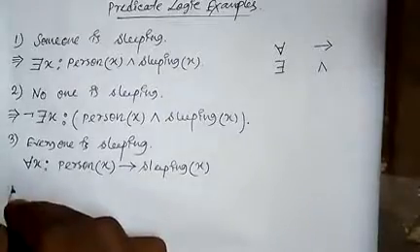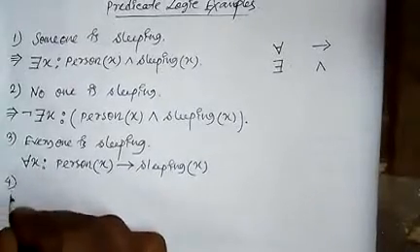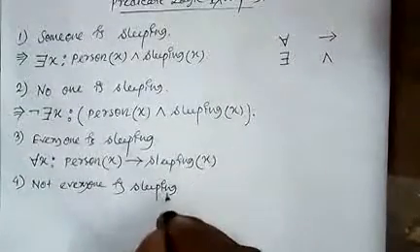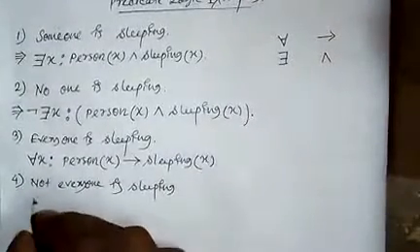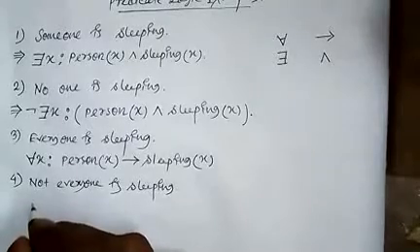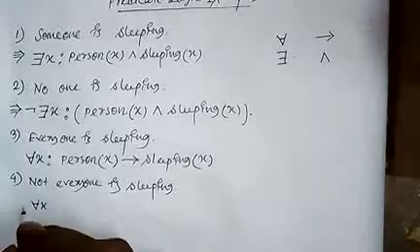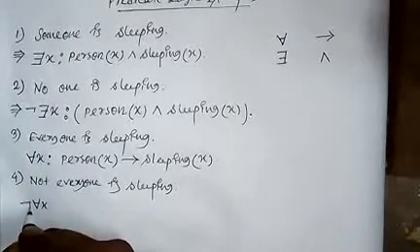Let's go to example 4. Not everyone is sleeping. Well, for that, everyone means for all x, so we have to add a negation symbol before it.